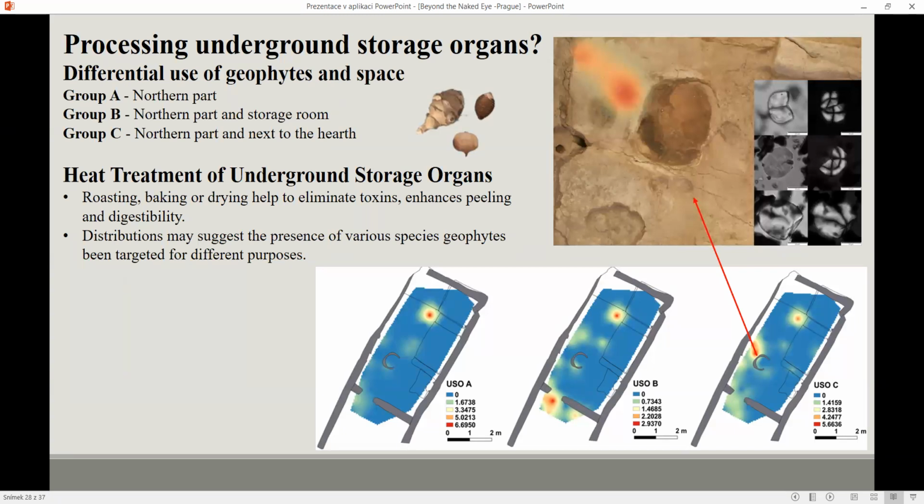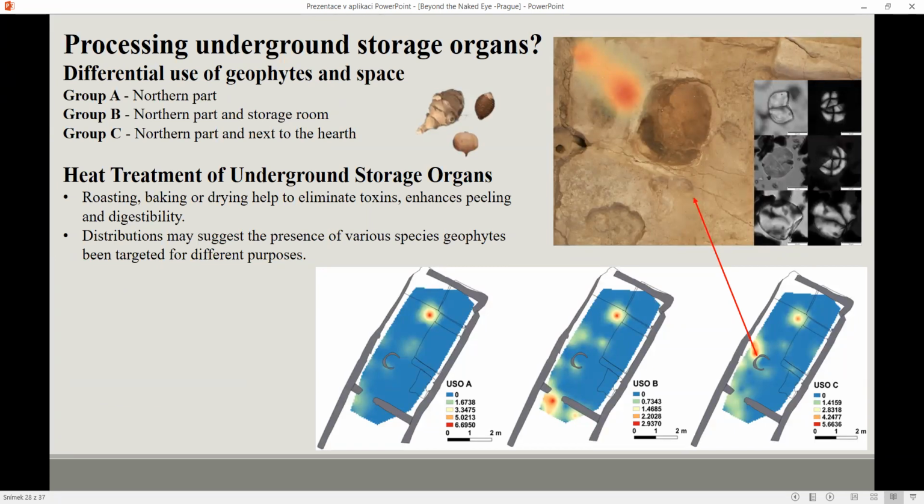And another interesting find was that after constructing the distribution of how these different categories of underground storage organ starch grains were distributed within the house, it was noticed that some groups had different patterns, which perhaps is telling us about the different use of these plants in different areas of the house.